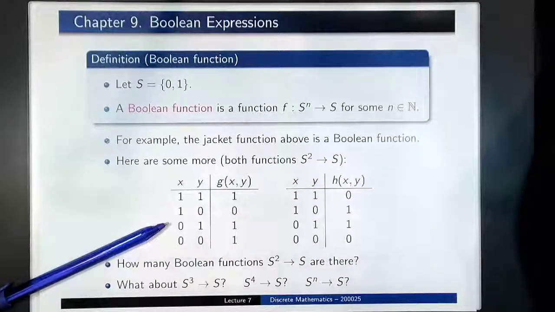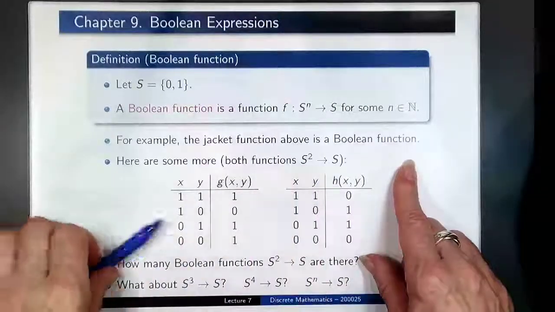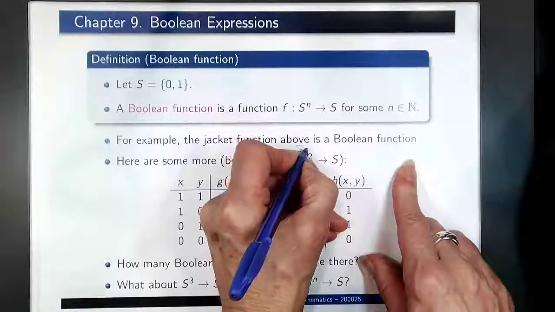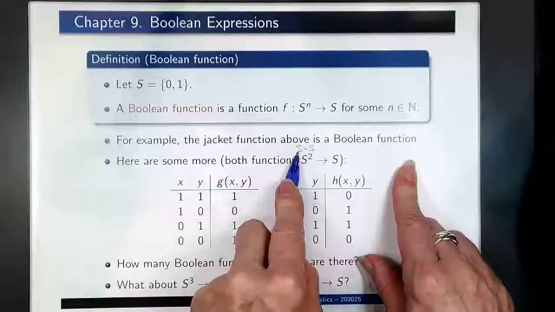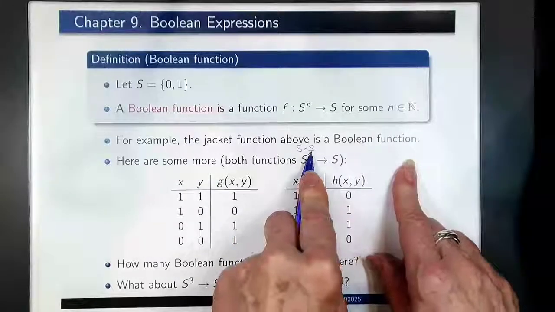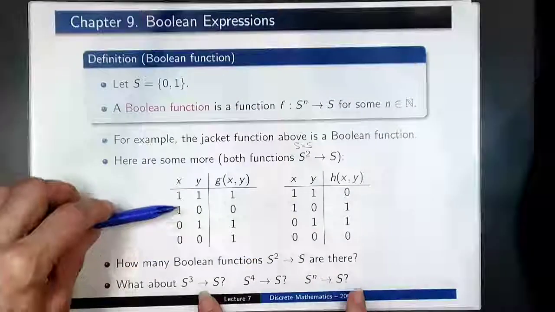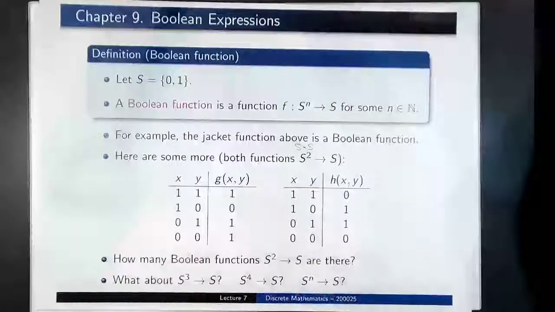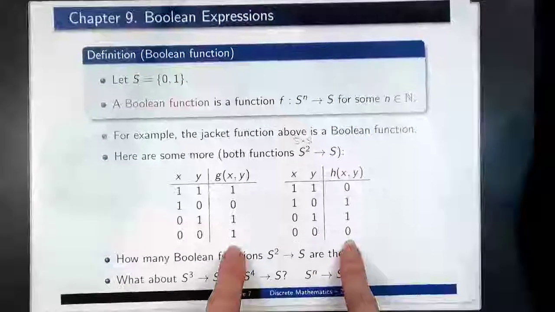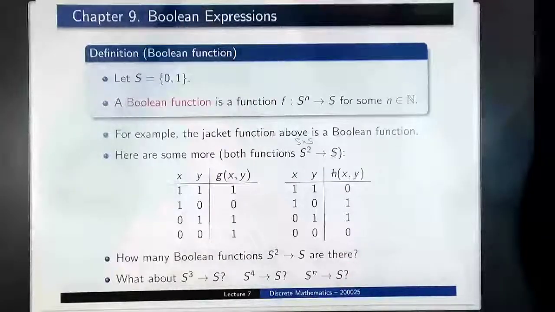With these, the inputs are just from S cross S, which means an ordered pair where the first element is a 0 or a 1 and the second element is a 0 or a 1. And in that case, there's only 4 possibilities. The domain consists of 4 things, and there's the outputs listed there. They're different Boolean functions.